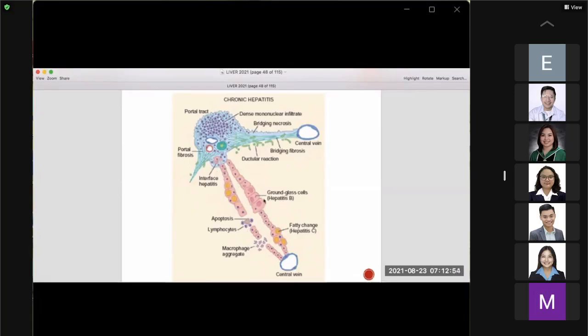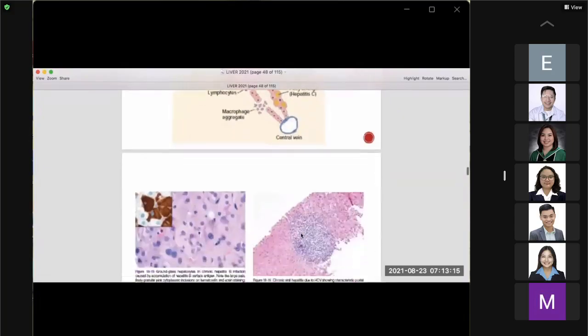Then we have the ground glass appearance if we are dealing with hepatitis B. You get to see also the presence of apoptosis, and inflammatory infiltrates mixed with the liver cells. And if you're dealing with hepatitis C, you can get to see presence of hepatic fatty change.